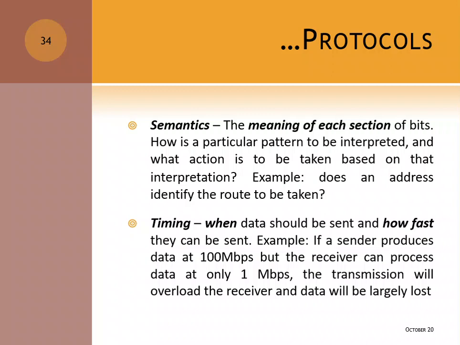Okay, contohnya kalau sender tu boleh produce 100 megabit per second tetapi receiver hanya boleh proses 1 megabit per second, it couldn't happen. Effective communication system couldn't happen there. So apa yang terjadi? There must be certain mechanism to slow down the sender.